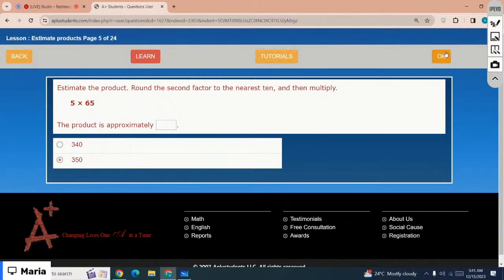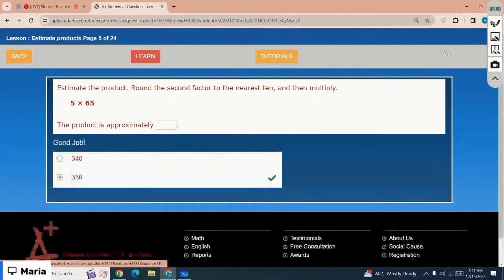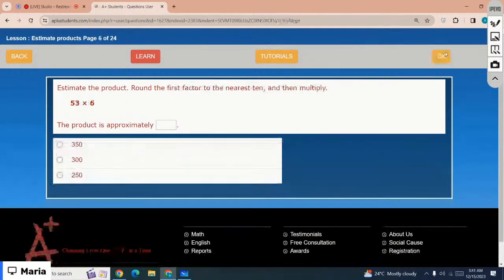Option number 2 is the correct option, right? Okay, the next one is estimate the product, round the first factor to the nearest 10 and then multiply. 53 is rounded off to 50, and 50 times 6 is 300. The correct option is option number 2.